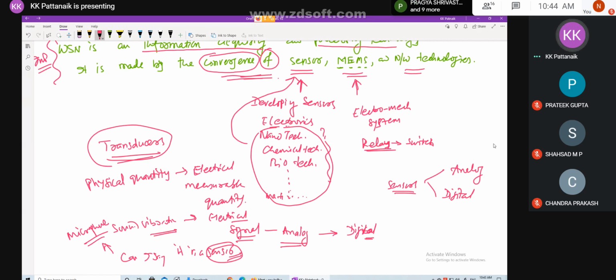That's why we call it micro electromechanical systems.